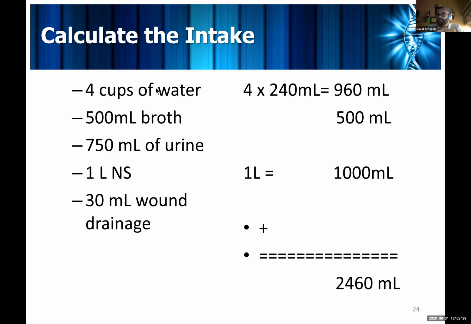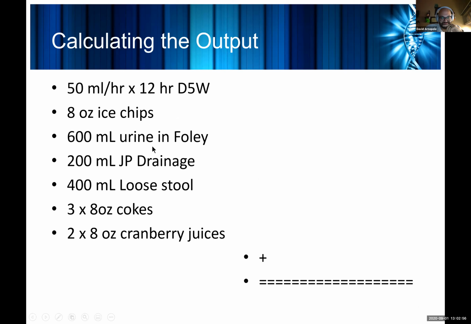I didn't ask for a difference. I didn't ask for intake and output. I said, what is the intake of the patient? Okay? Don't worry. Let's do another one. Yeah, it will always be in mLs. That's how you measure it.